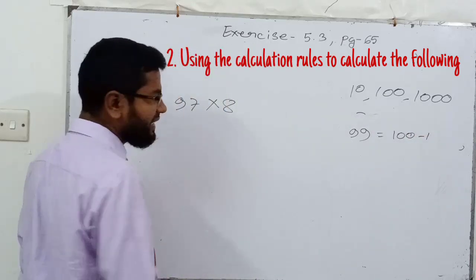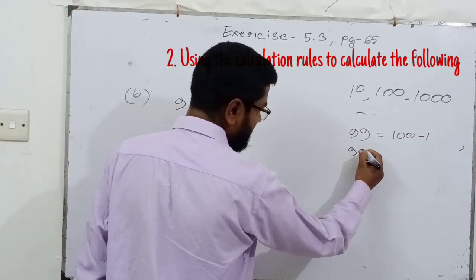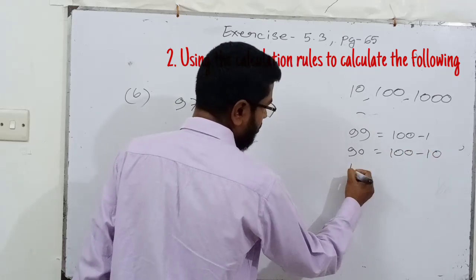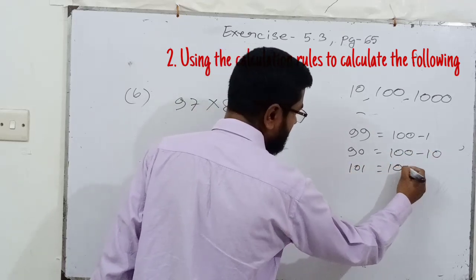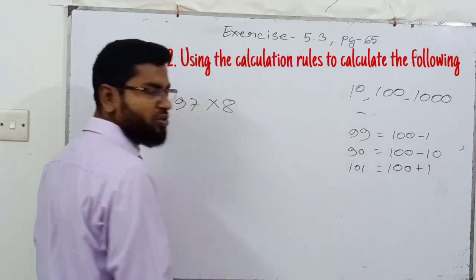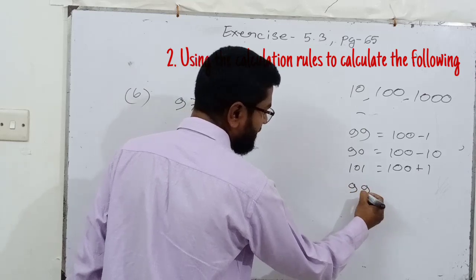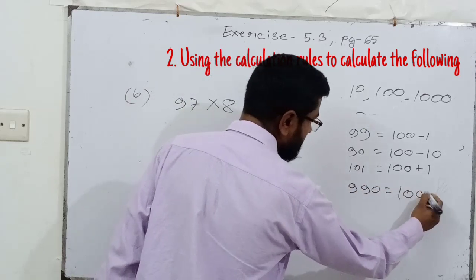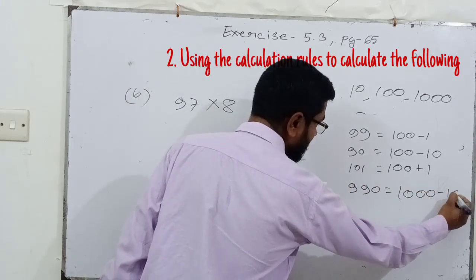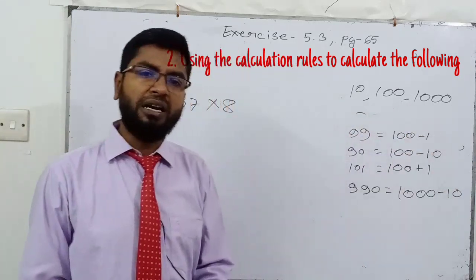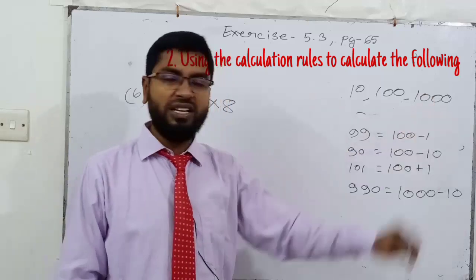Then 90 is 100 minus 10. Then 101 is 100 plus 1. Like this way we can prepare. If there is 990, it is 1000 minus 10. Like this, addition, subtraction, multiplication, division all are very easy.